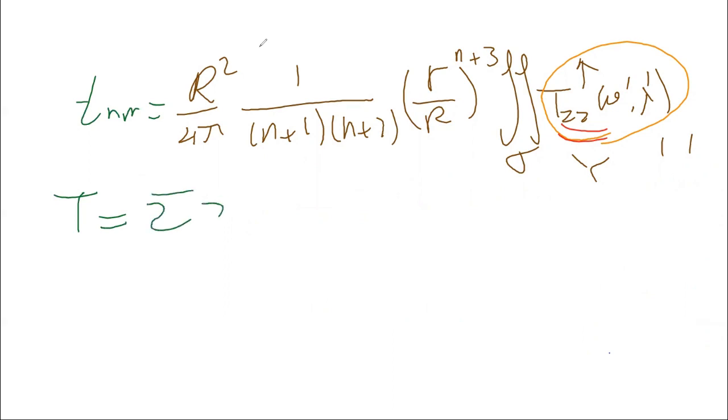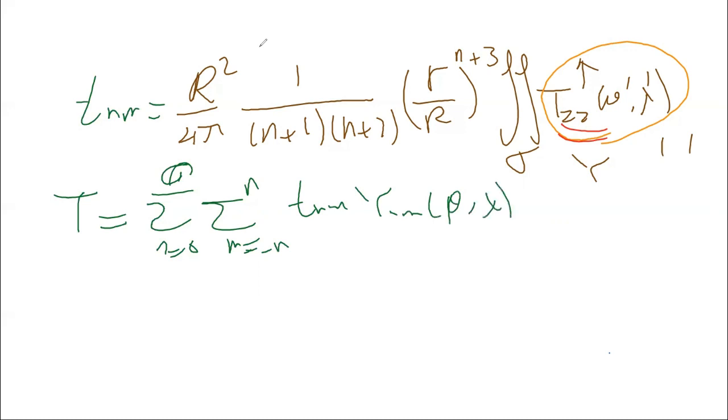Then I have a spherical harmonics expression, minus n, and here I have T_nm, Y_nm. This is the potential spherical harmonic at the surface of the boundary, or at the boundary.